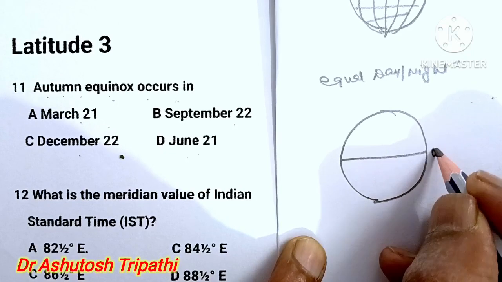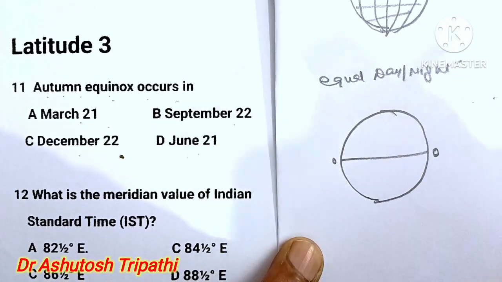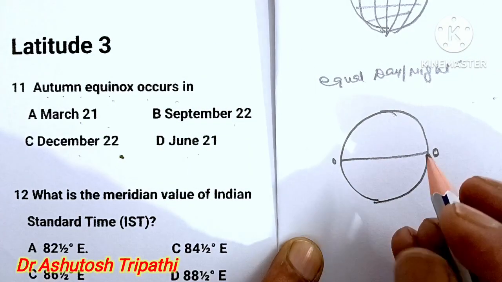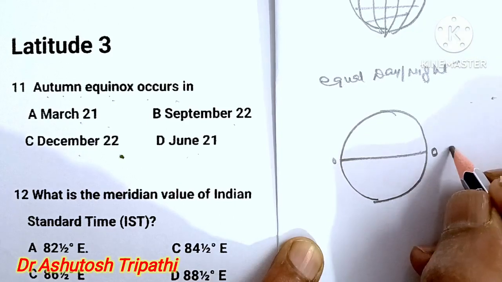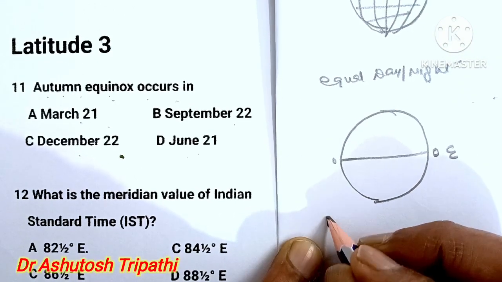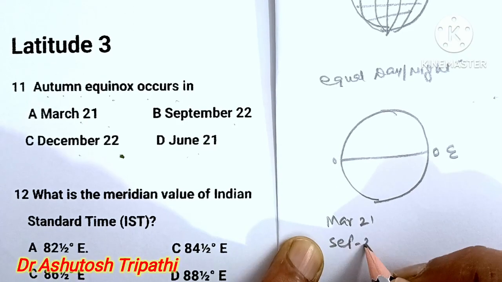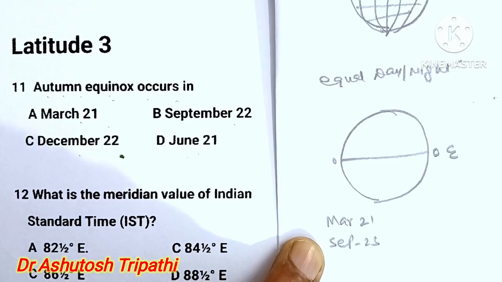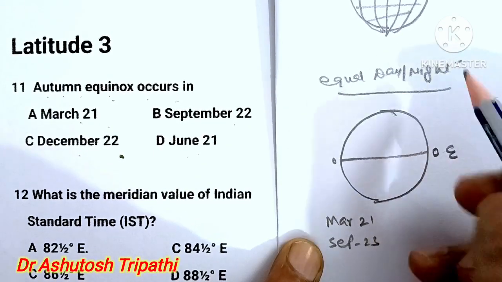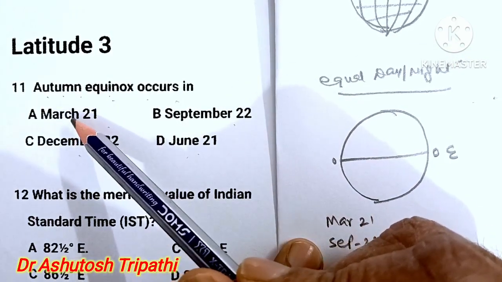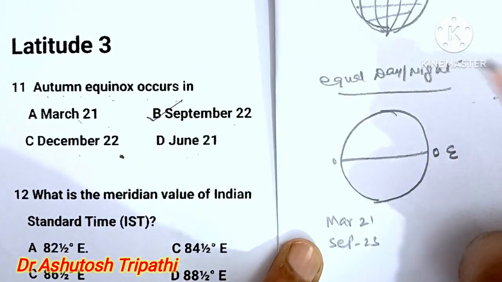The sun is vertical twice a year over the equator, on March 21 and September 23. So when there is equal day and night on the earth, between March 21 and September 22, the answer is September 22.